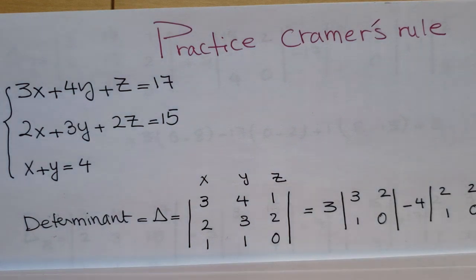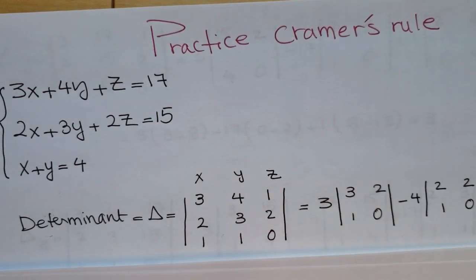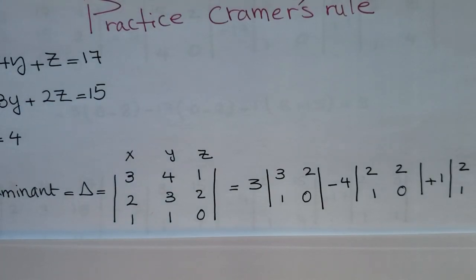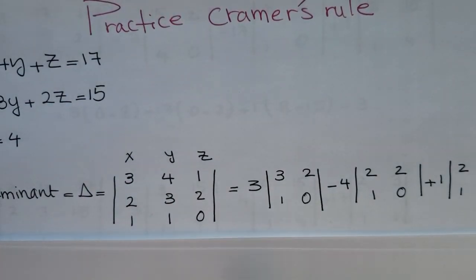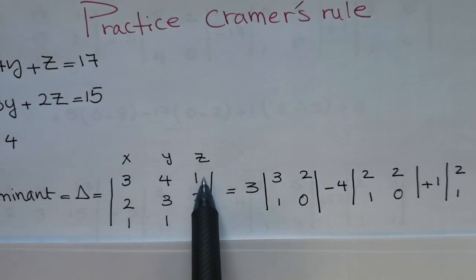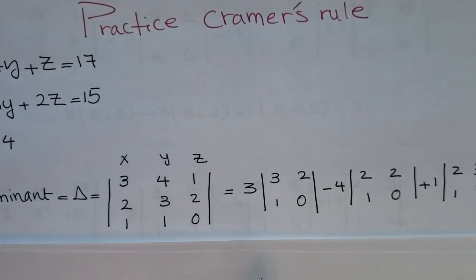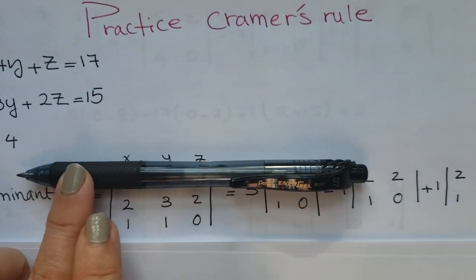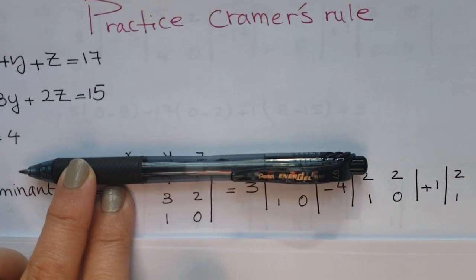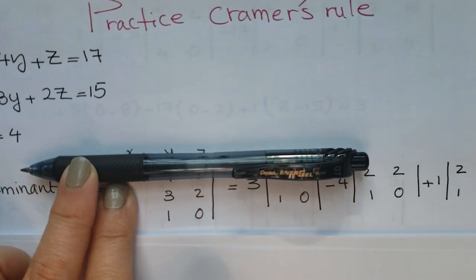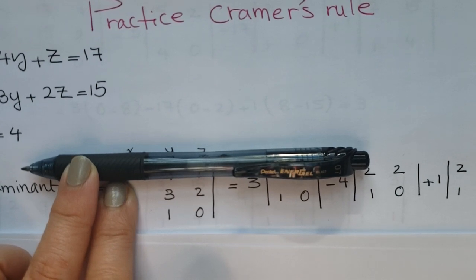Remember, if you want to know how to calculate a 3x3 determinant, you can always refer to my previous video. Here we start with the first main number. When we start with this main number, this row and this column are eliminated, and what is left is a 2x2 matrix, which is 3, 2, 1, 0.